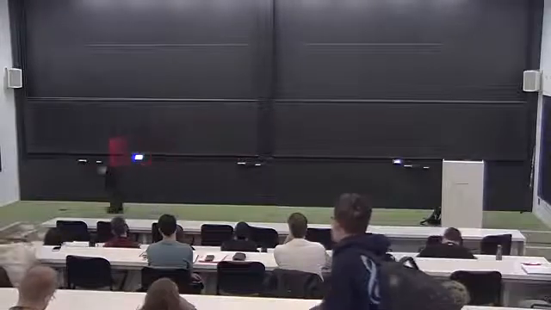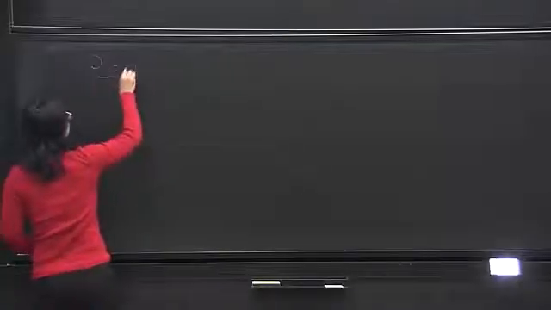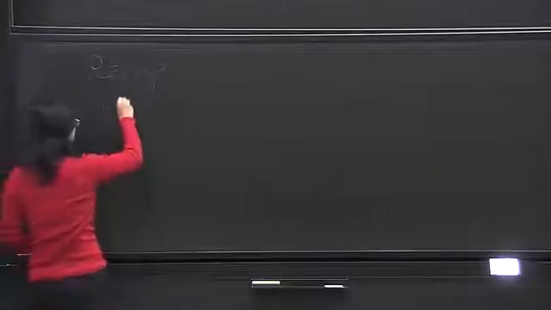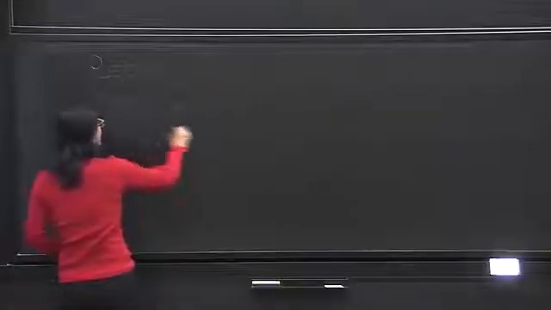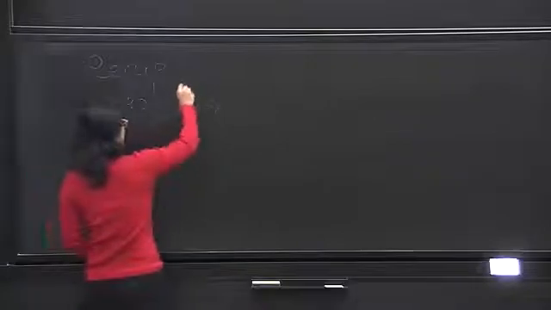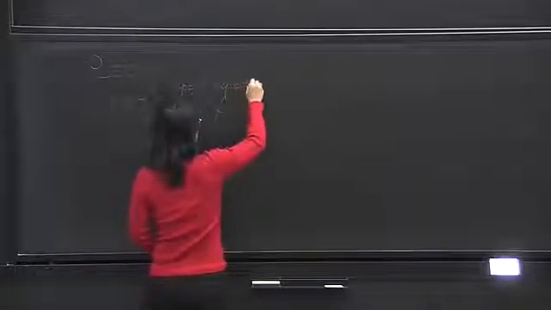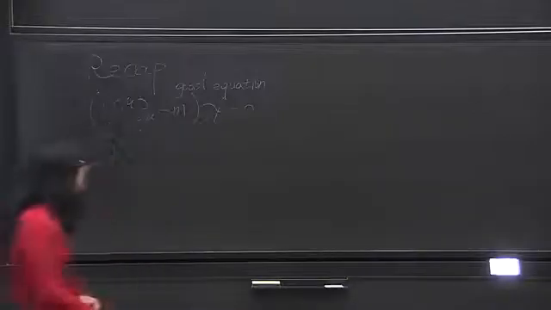But let's still recap. Recap is always good. What have we done so far? Well, we have written down the Dirac equation, and now I'll just skip all those parts. This is a good equation, meaning that it has all the Lorentz transformation properties.